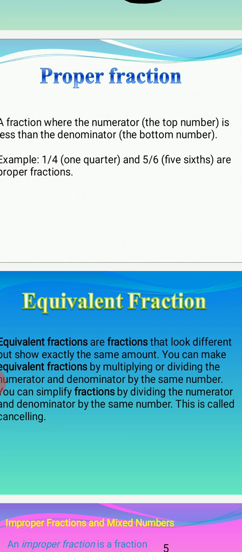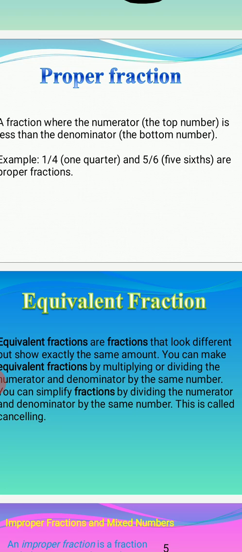Let's take a simple example. Suppose in your weekly test, two tests are conducted by different teachers. I took the test out of 10 marks, and at the same time your Hindi teacher took a test out of 20 marks.